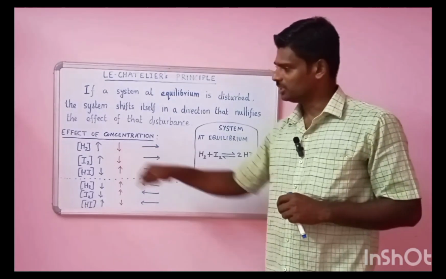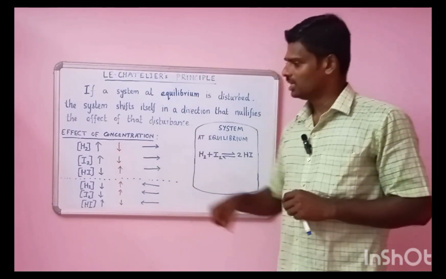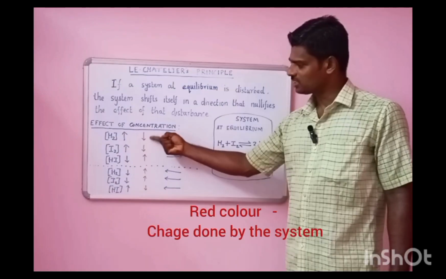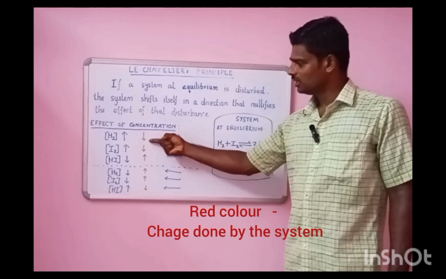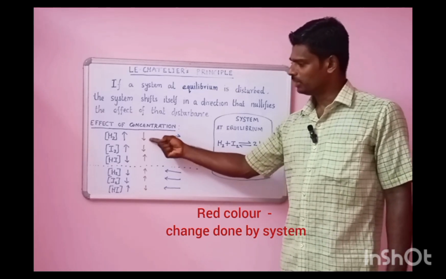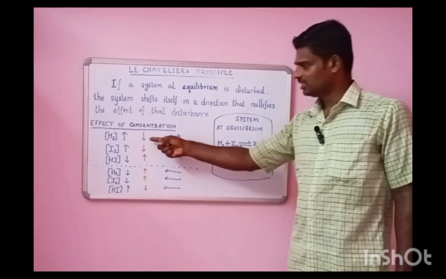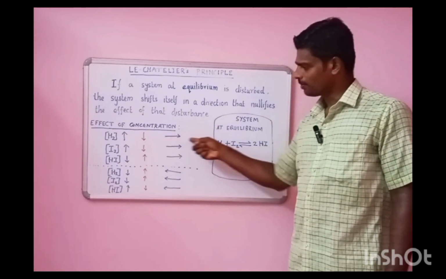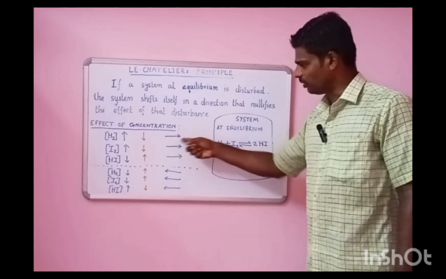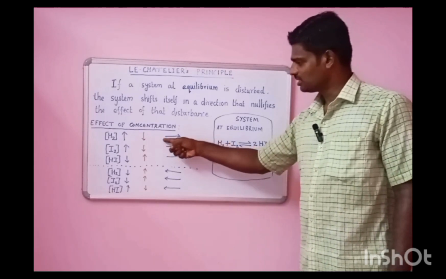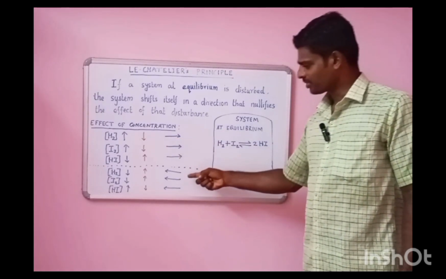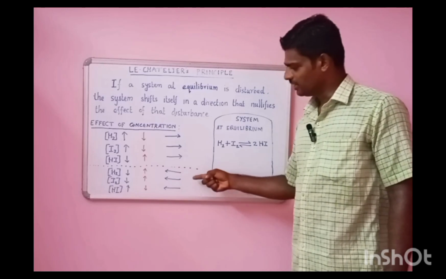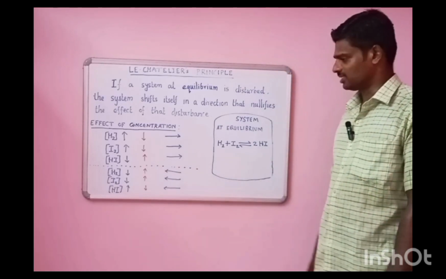The blue color means the change done by us, and the change by the system is done automatically. Forward means it favors the forward reaction, and backward means it favors the backward reaction.